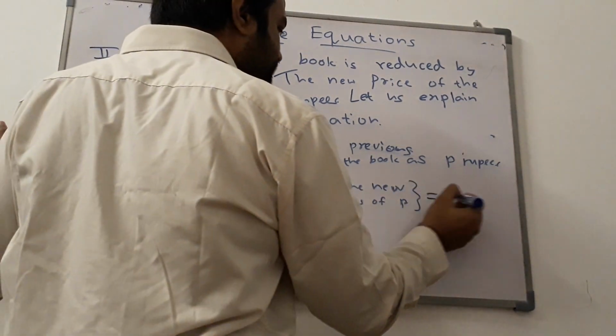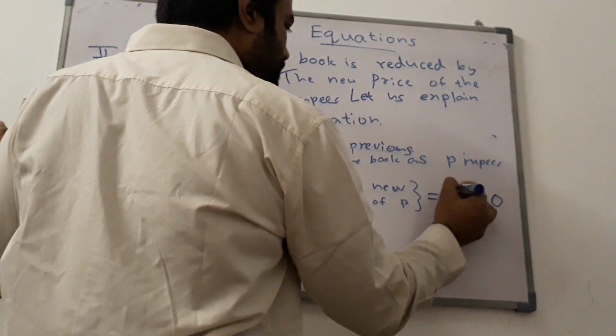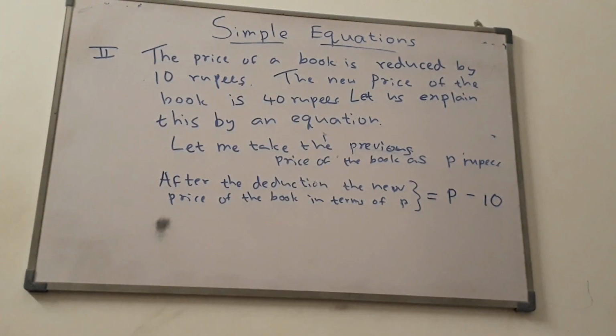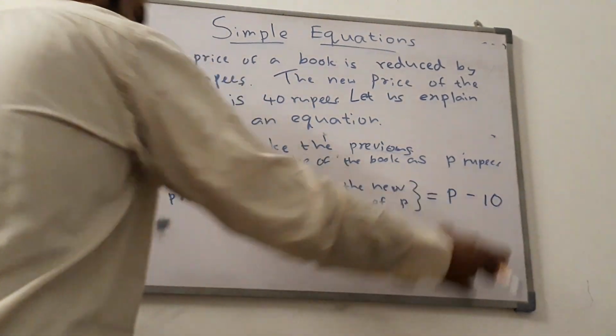Reduced by 10 means you have to subtract 10 from P.